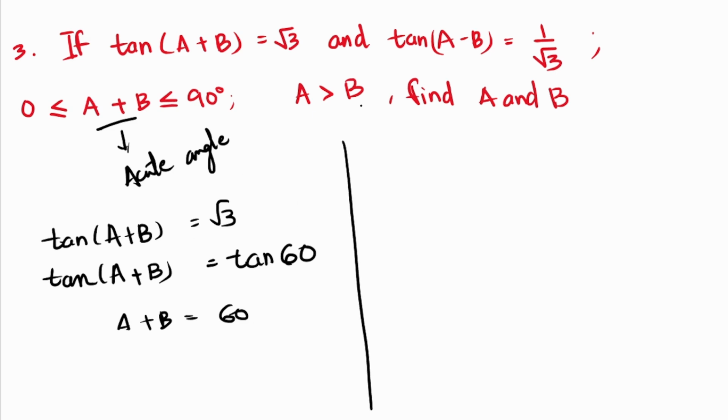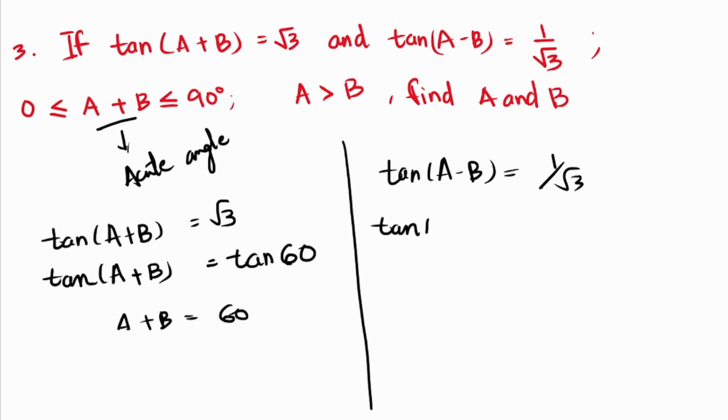Here we have again tan A minus B equals 1 by root 3. So you have to write it in terms of tan, okay? Yes, cot's value also contains 1 by root 3. Cot 60 is 1 by root 3, I believe. But you have to write it in terms of tan because tan A minus B is given, right?